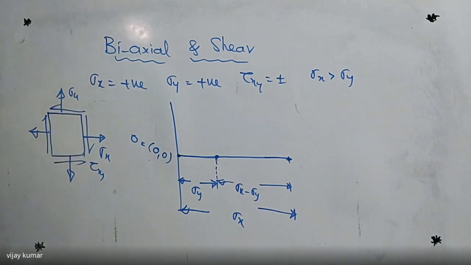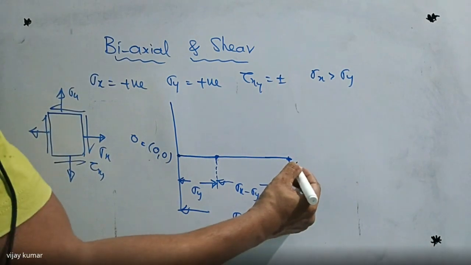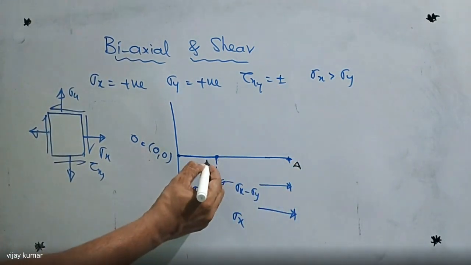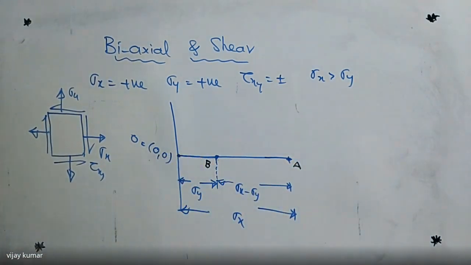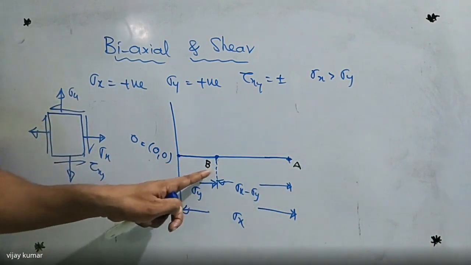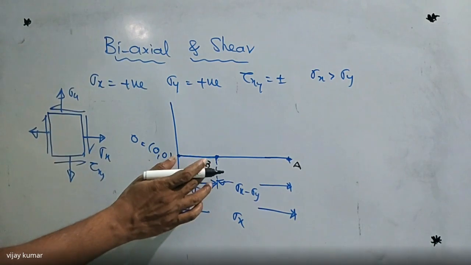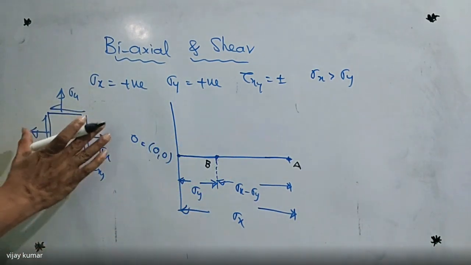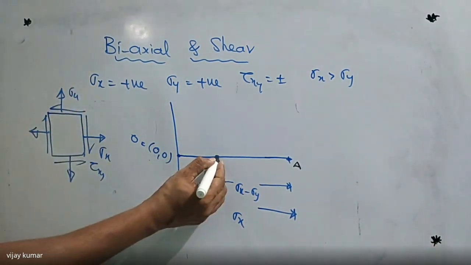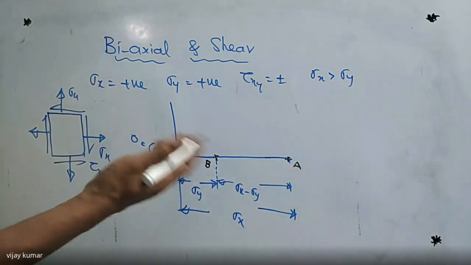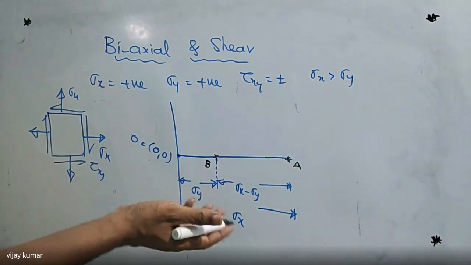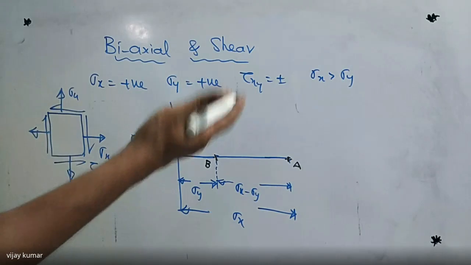So this is the point A, and this is point B. Here, the two normal stresses are clear. So I'm going to indicate shear stress so that point A and point B represent one the vertical plane and one the horizontal plane, the same as in the previous case.